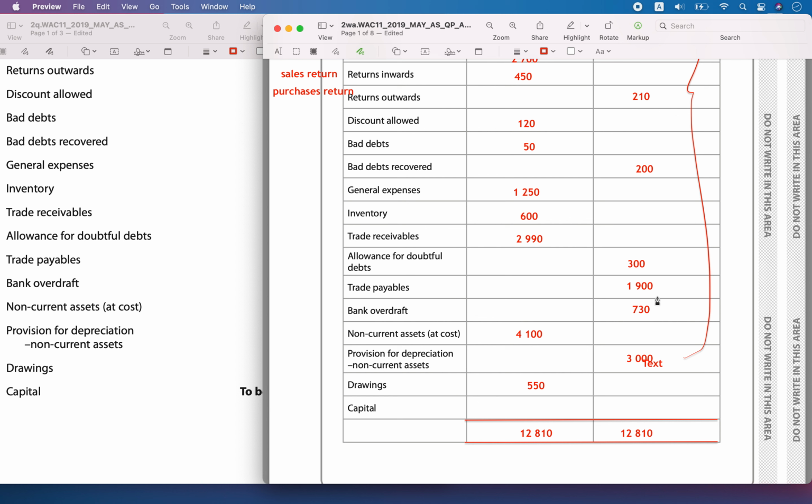That value is 11,340. Now 12,810 minus 11,340 is 1,470. So 1,470 becomes the capital. 1,470 must be the remaining so that the trial balance is balanced. It should have been the capital.